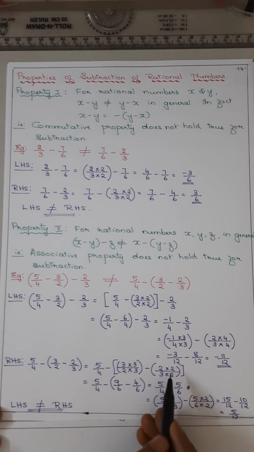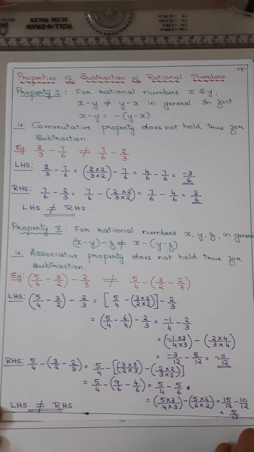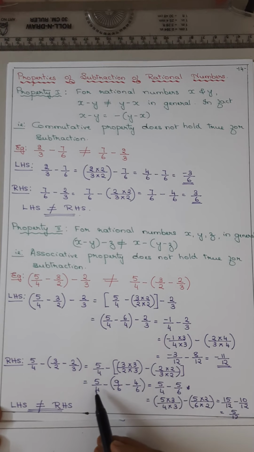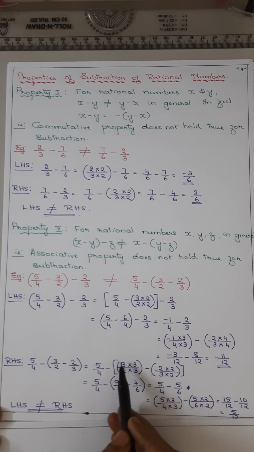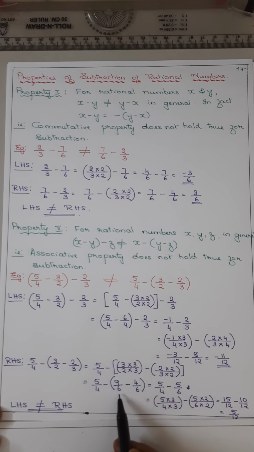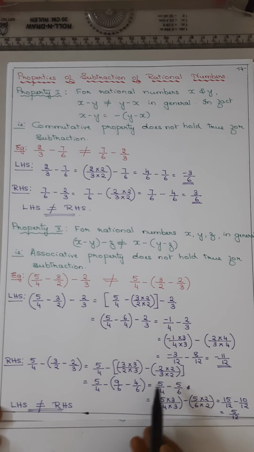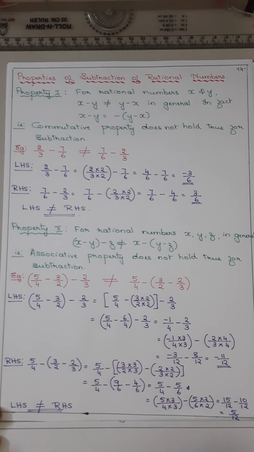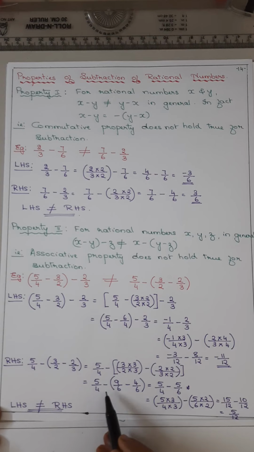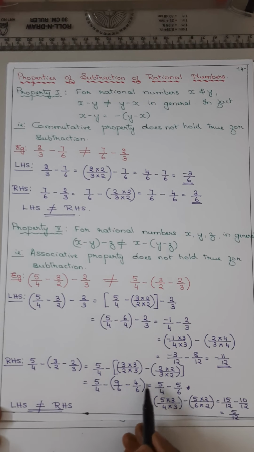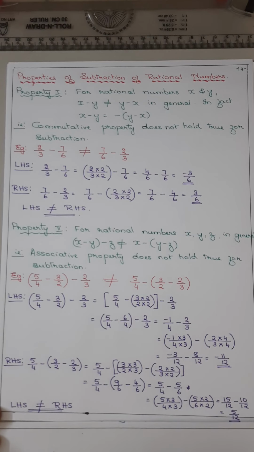Multiply both numerator and denominator by 2. Now 5 by 4 as it is. This became minus bracket के अंदर 3 3s are 9 by 6 minus 2 2s are 4 by 6. So you got 5 by 4 minus 9 minus 4 is 5 by 6.